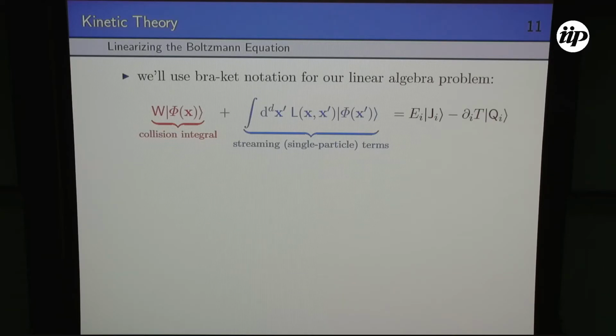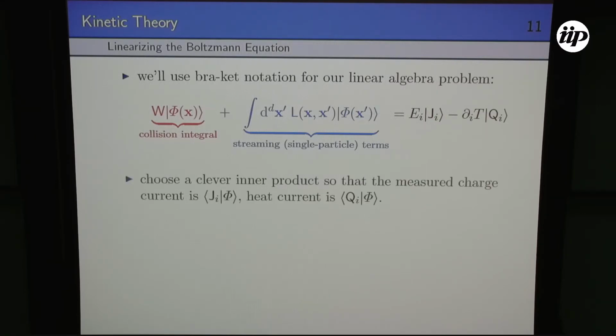And then the problem is sourced by an electric field that couples to the charge current and a temperature gradient that couples to the heat current. And these J and Q vectors are not arbitrary. Really, you choose a sensible inner product, the natural one. And it turns out that the actual charge current that you measure is just the inner product of J with phi.